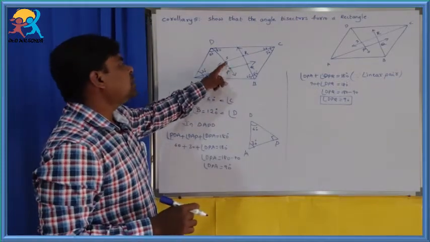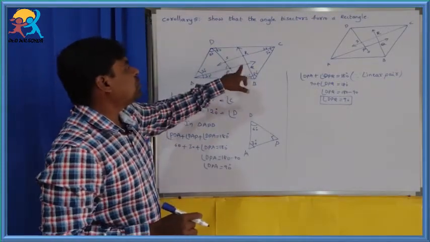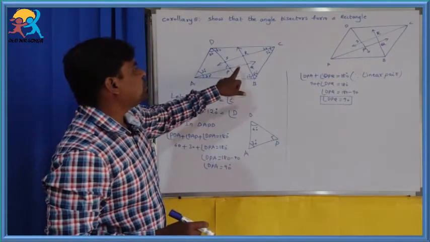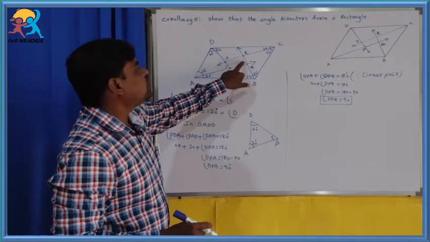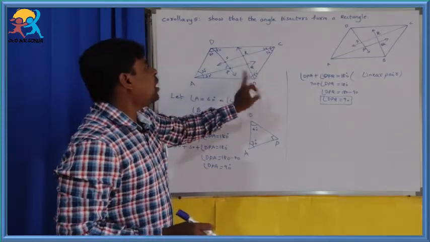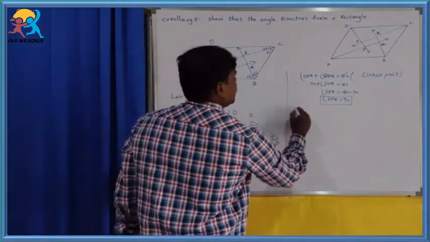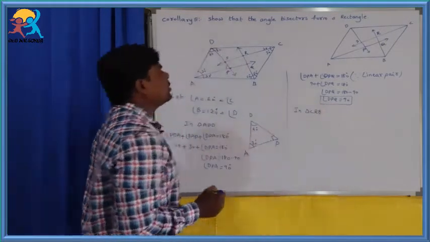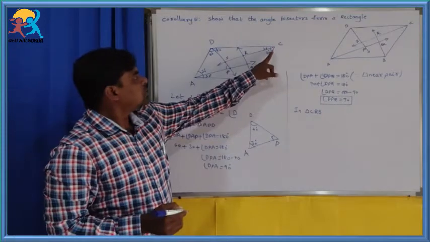After getting this, we have to find one more angle RQP. So, to find this, we will take one more triangle, that is triangle CRB.